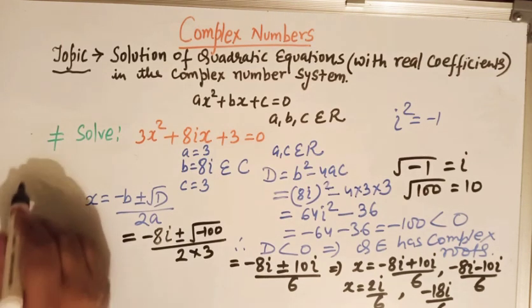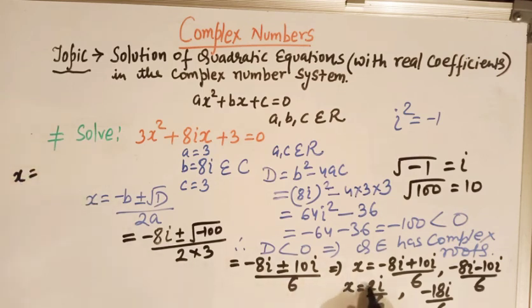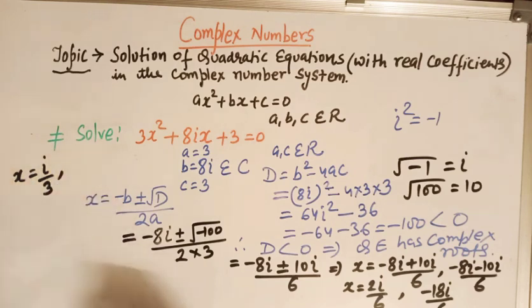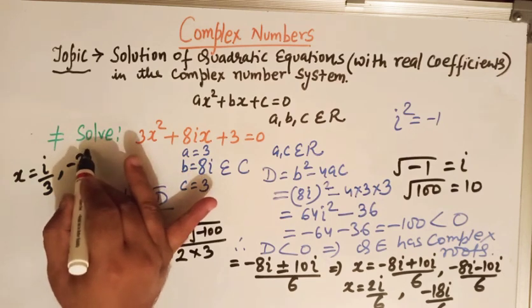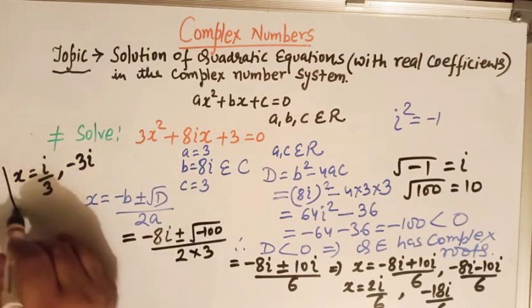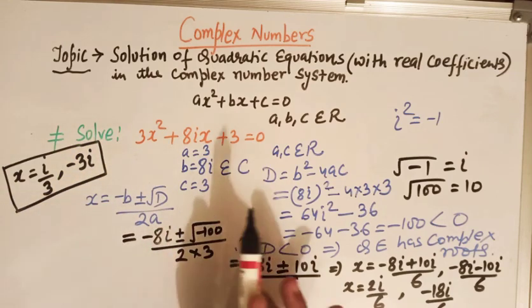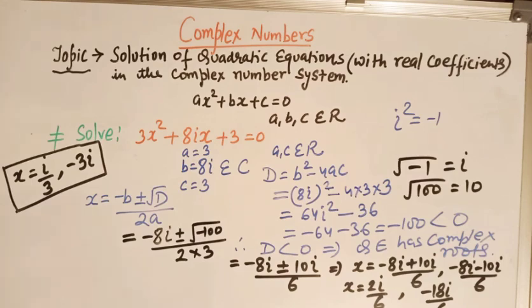Okay, now the values of x are, 2 3s are 6, so we have iota divided by 3, and here 6 3s are 18, so we have minus 3 times iota. So these two are the complex roots of this quadratic equation, right?